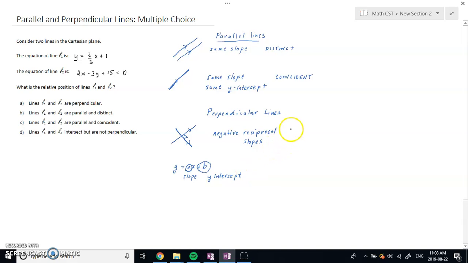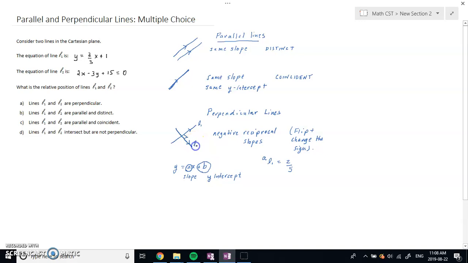And what that means is whatever the slope is for one of the lines, for the other one you have to flip and change the sign. So I'm going to call this flip and change the sign. It's the easiest way to remember it. So let's say the slope of line 1, just as an example, let's say the A for line 1 was 2/5.